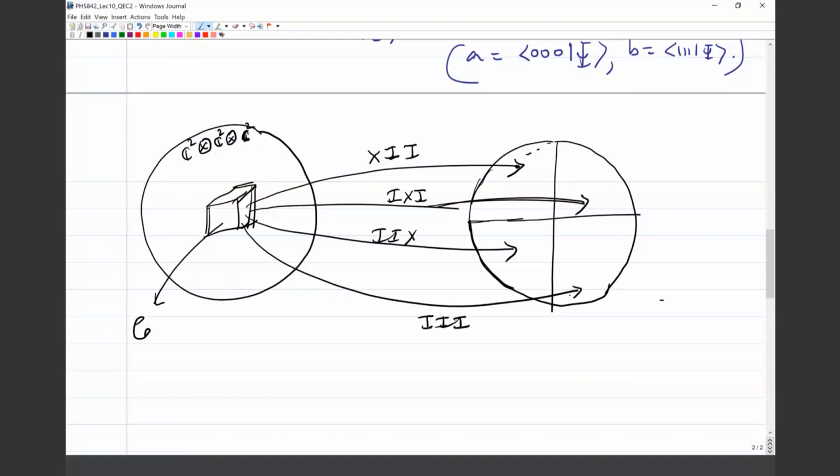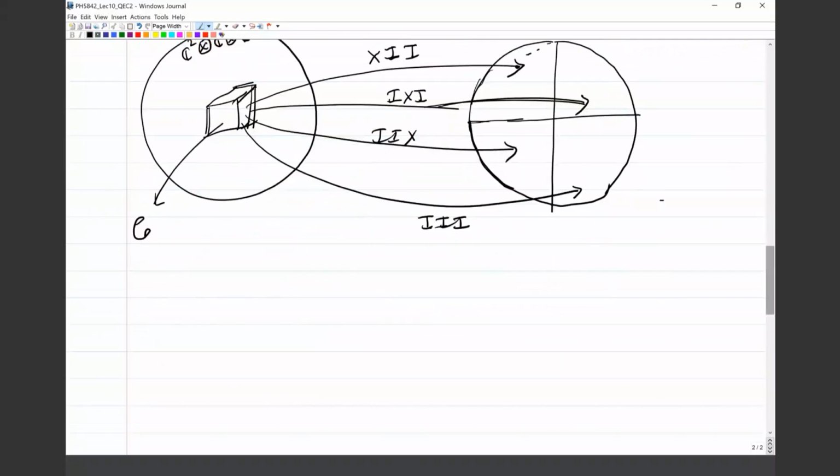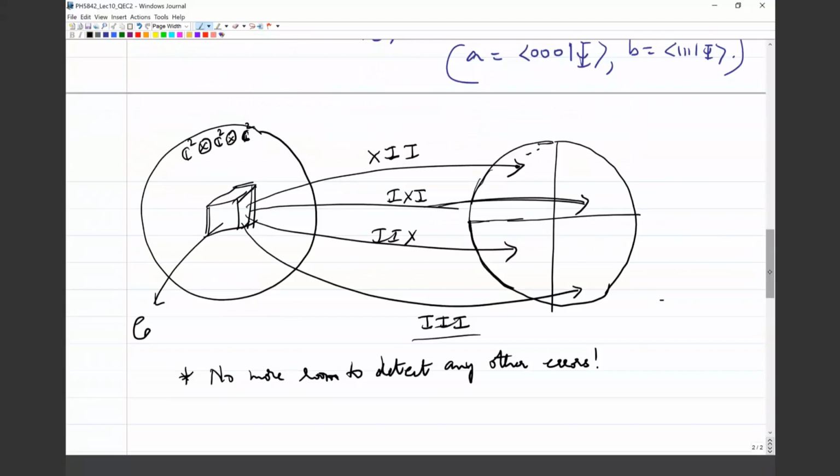And since you have now covered the entire space, there is no more room to detect any other errors, because the set of single qubit and no qubit errors has completely divided up the space. And these now correspond to non-overlapping parts of the space.